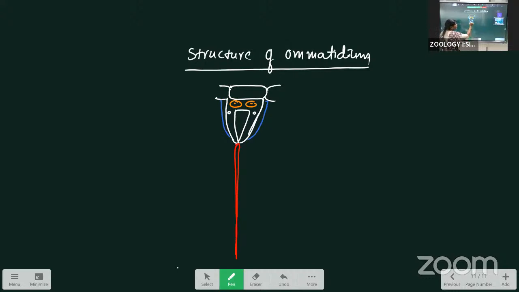I am drawing the diagram in the easiest way. Try to practice this.